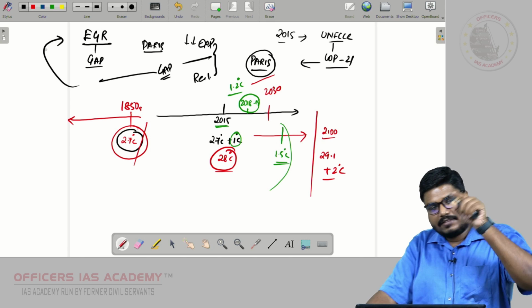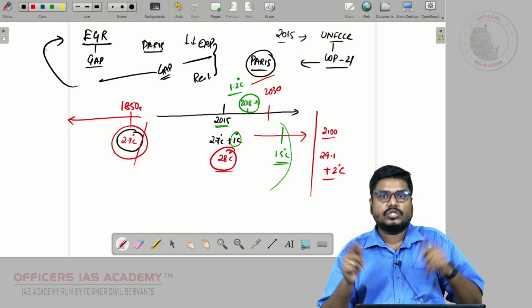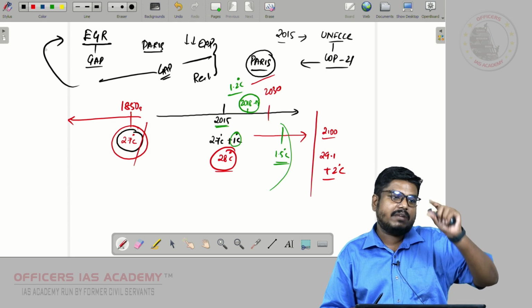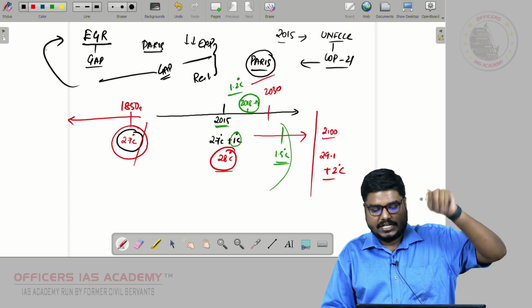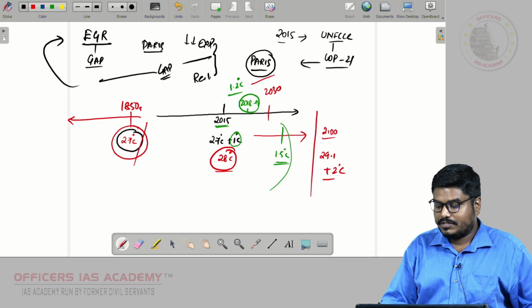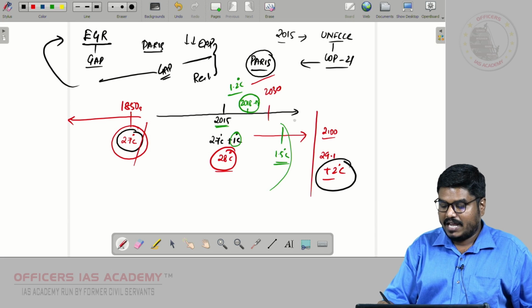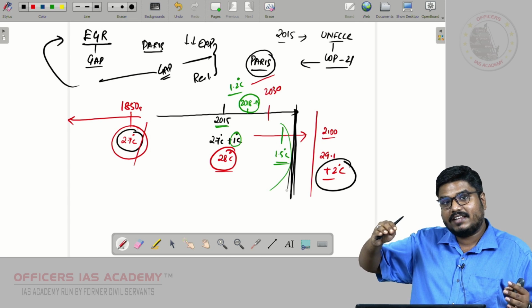Not just that, this report will also give some solutions, a way forward. What should we do to ensure that we are minimizing the gap? Our ultimate ambition is to ensure that the global average temperature does not cross the 2 degrees Celsius mark, and we have to prevent it at the 1.5 degrees Celsius mark itself.